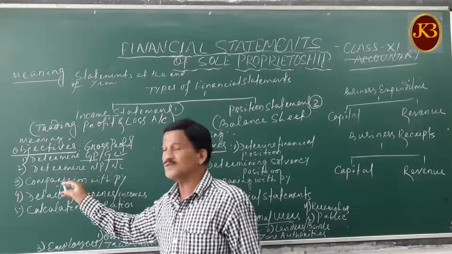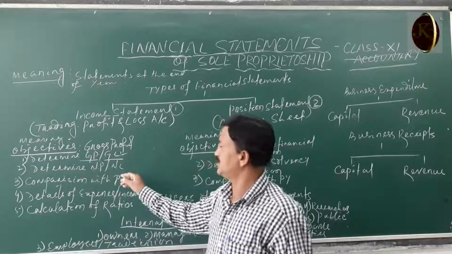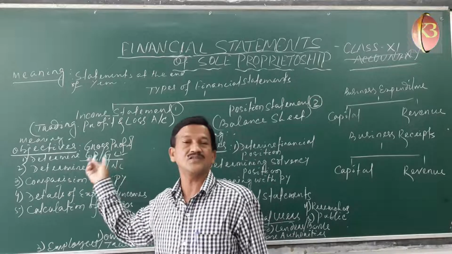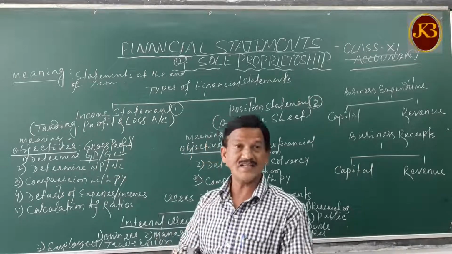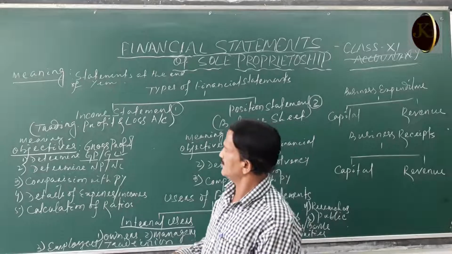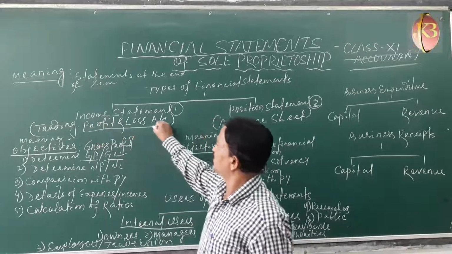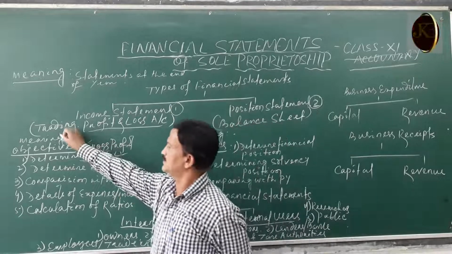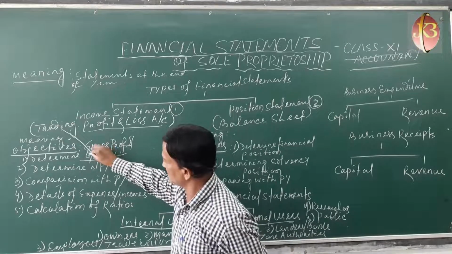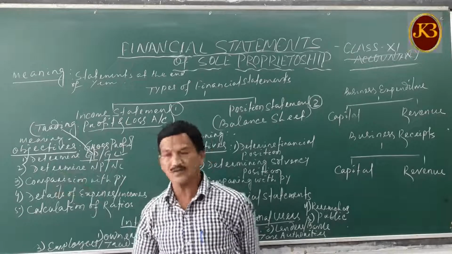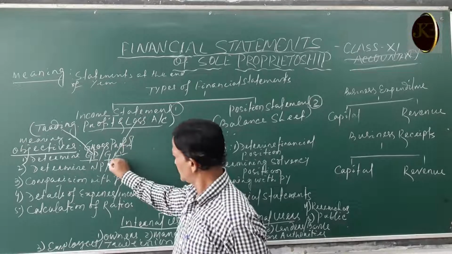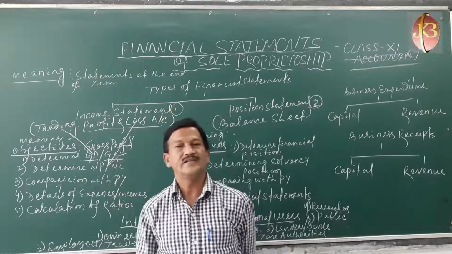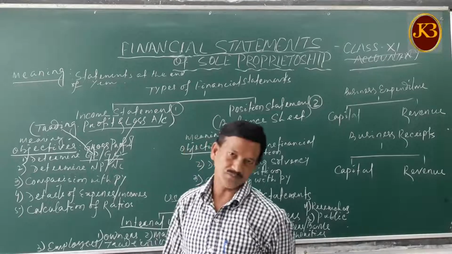Then the second objective is to find out the net profit or net loss of the business. That means the net result. That is the main part of preparing the profit and loss account. So the first part, the trading account, finds the gross profit or gross loss, and the profit and loss account finds the net profit or net loss of the business.